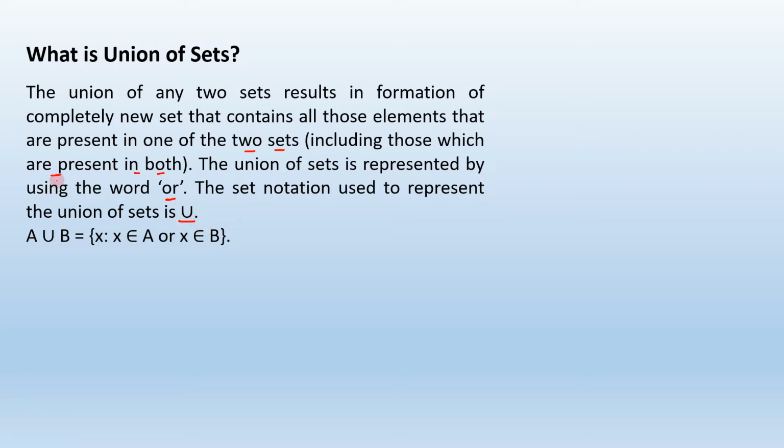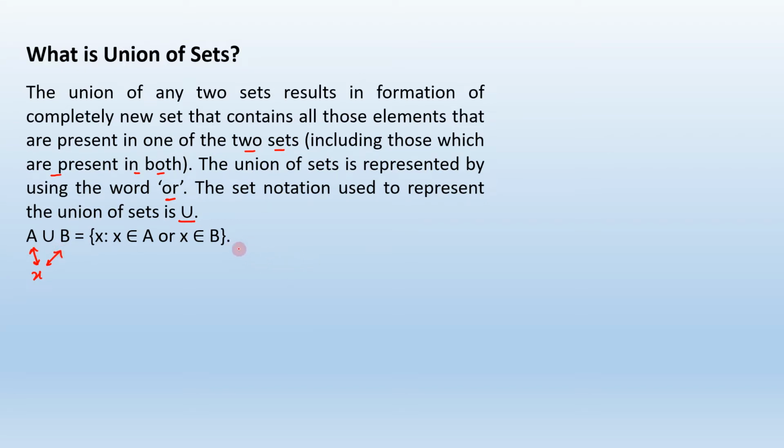So union of sets is nothing but the combination of two sets in such a way that this combination results in the formation of a new set containing elements which might be the elements of both the sets or one of the two sets. So now suppose we have an element x. So this element x can either be an element of A or it can be an element of set B.